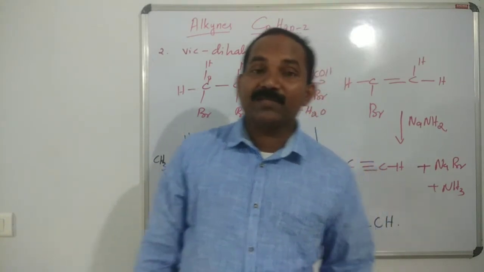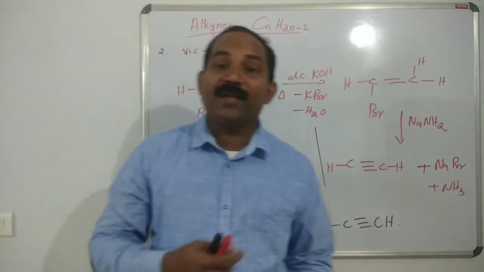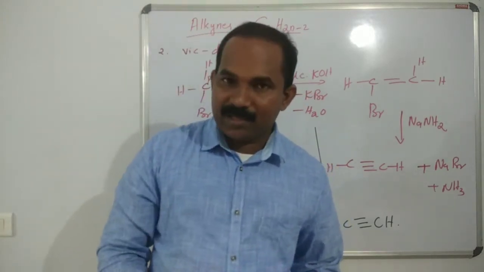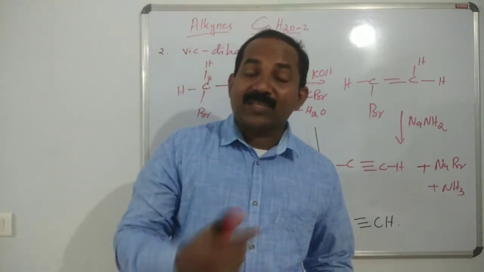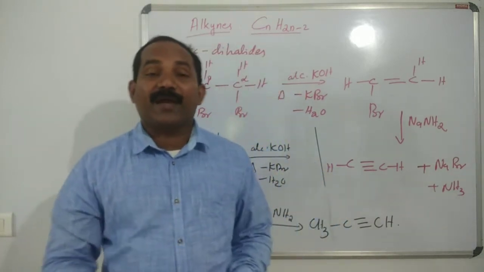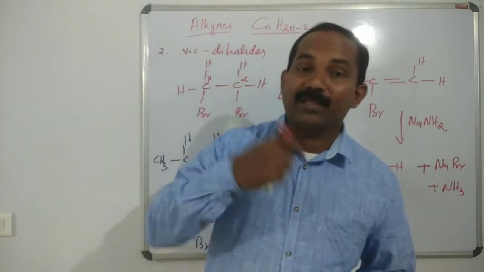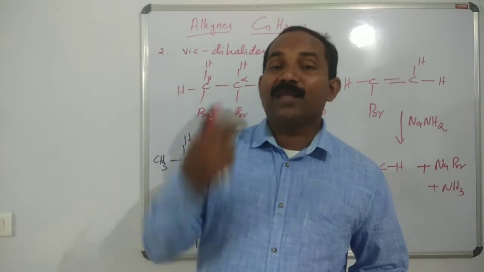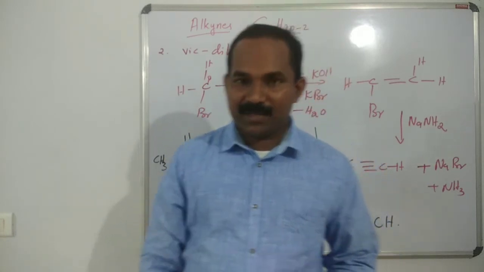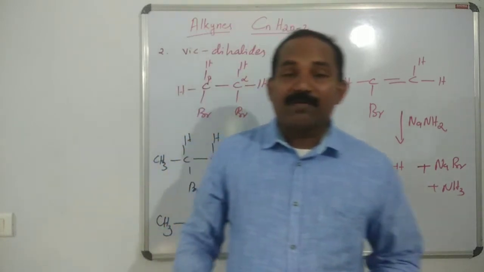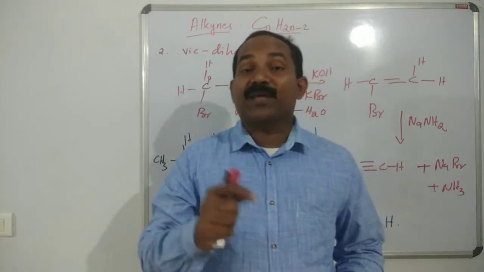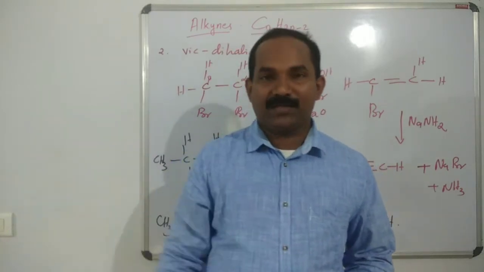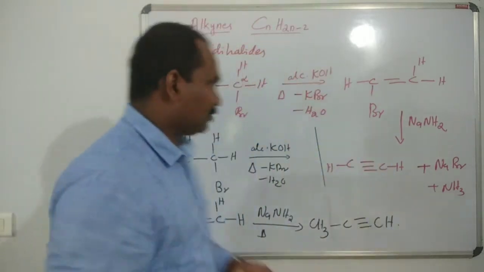But you understand that we can prepare higher alkynes. The next method is from the alkyne itself; we can prepare from ethyne or from other terminal alkynes. That's a very important thing. From terminal alkynes we can prepare higher alkynes. I will explain one example.